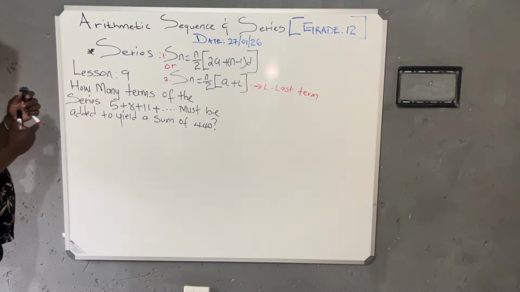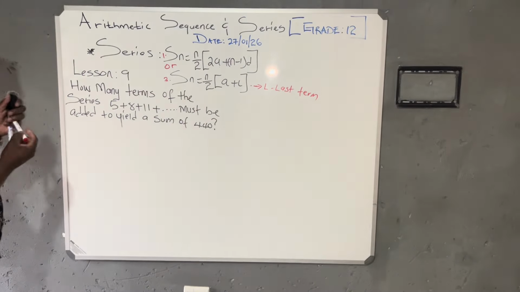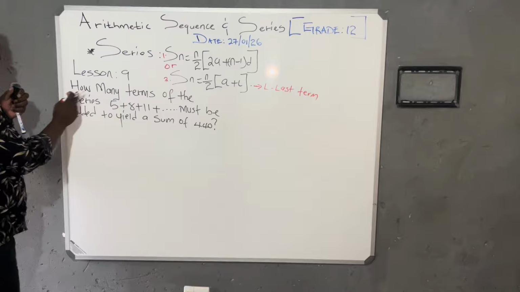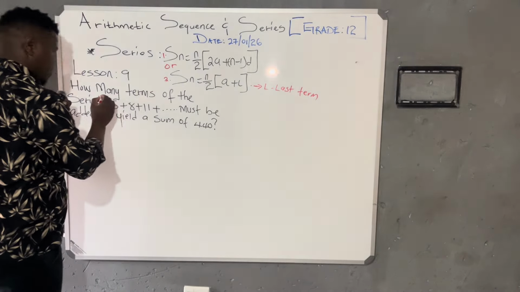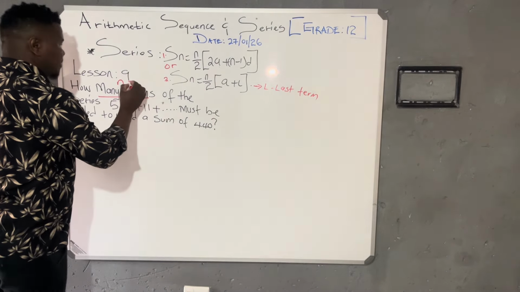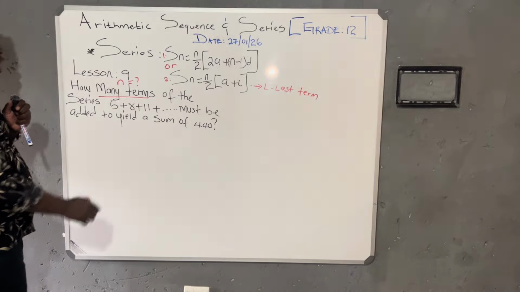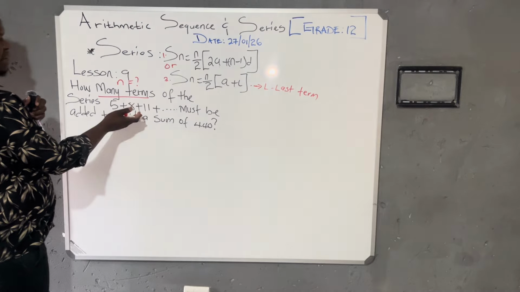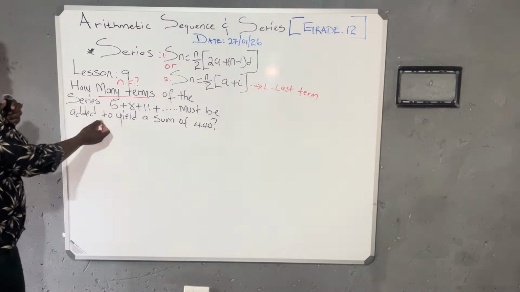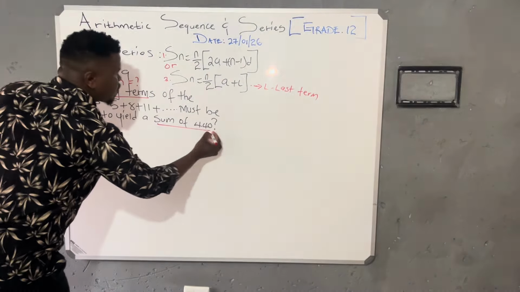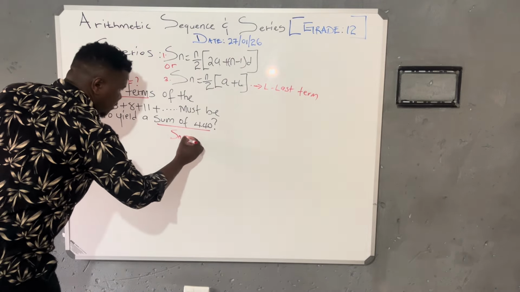Now, checking on this question: how many terms, that's n, of the series 5, 8, 11 must be added to yield the sum of, that's Sn, 440.